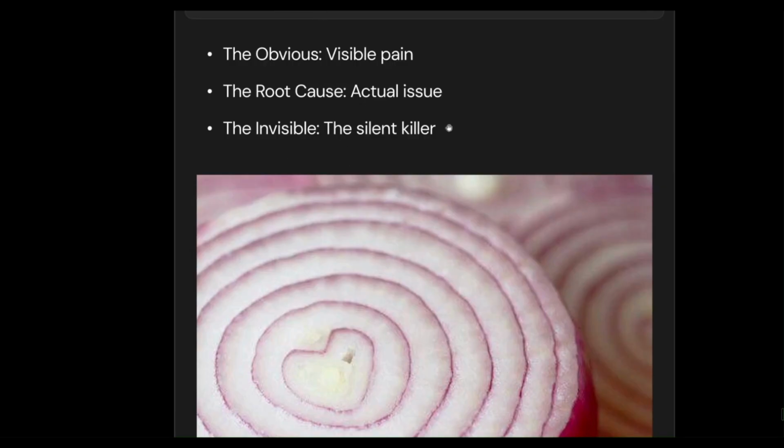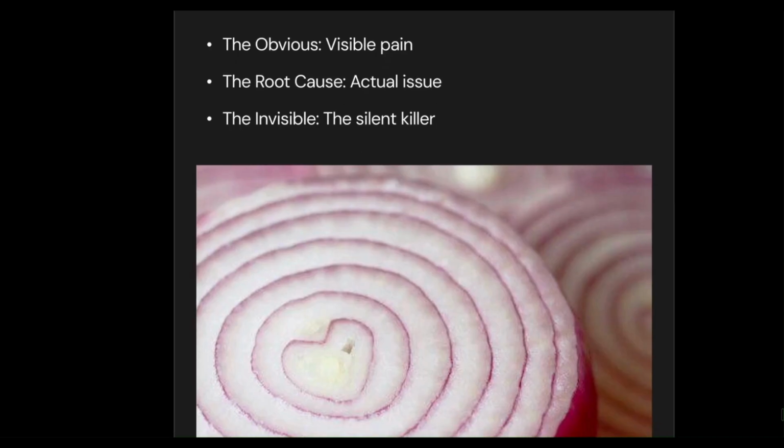Now, the invisible layer, the silent killer. This is the sneaky one. It's often ignored, but it makes or breaks the solution. It can do both things. Coming to the Swiggy problem again, the obvious one was long delivery times, the root cause was not enough delivery execs, and the invisible layer would be delivery executives are quitting because their payment system sucks.